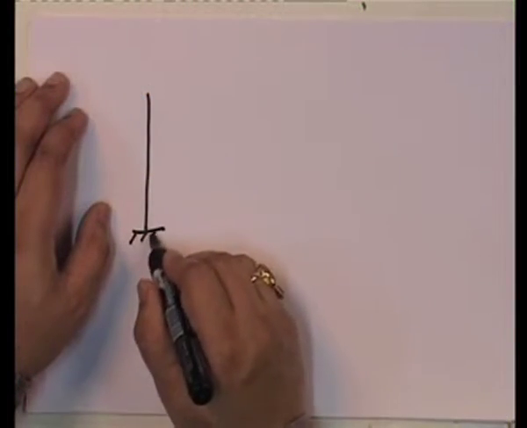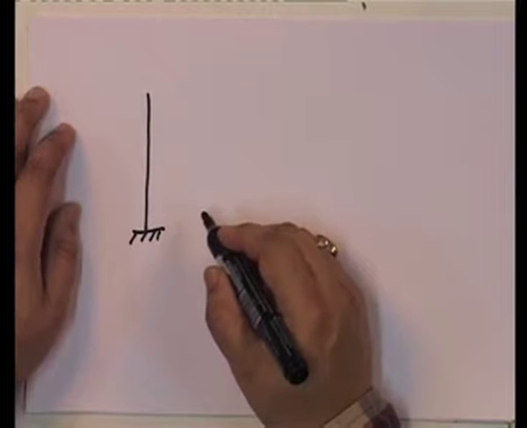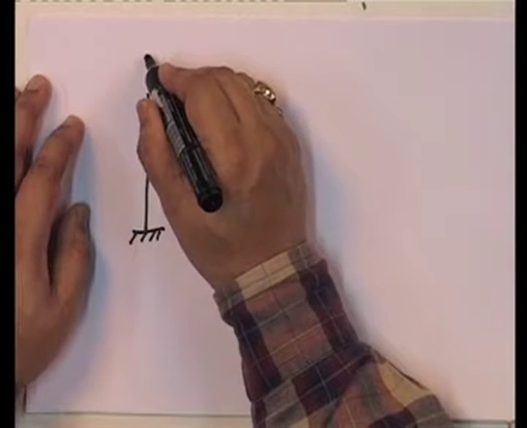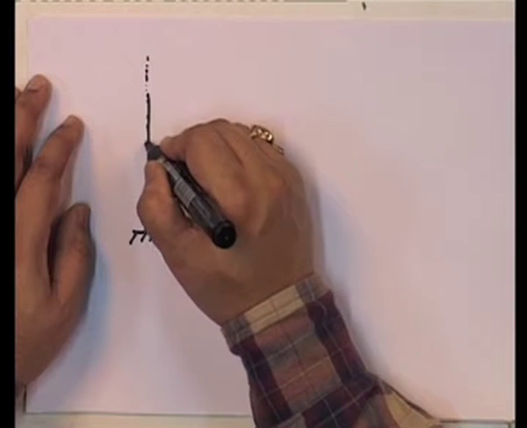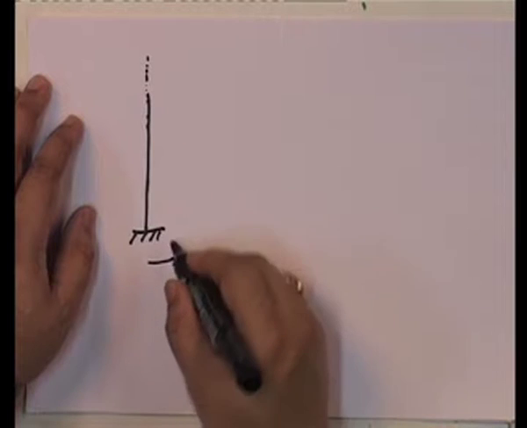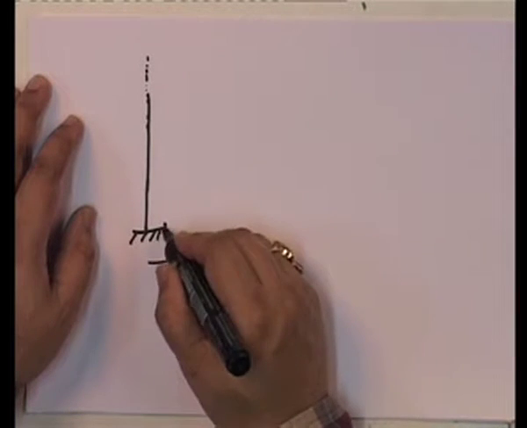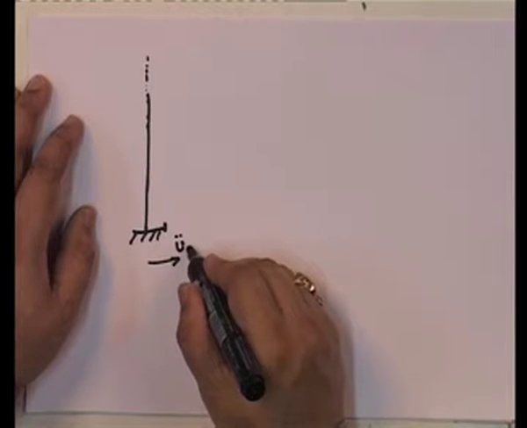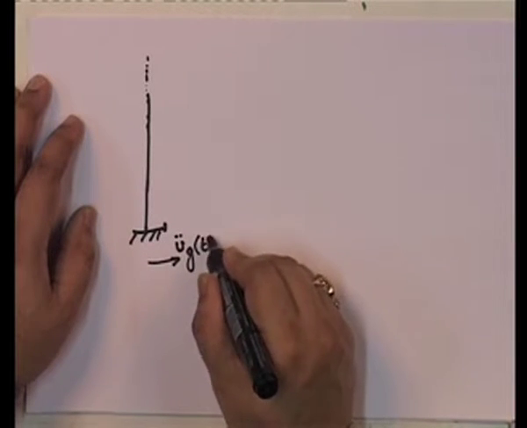So, let us derive the basic equation. Let us take the cantilever, and this is the state of the cantilever. Then I displace it, I subject it to a ground acceleration.